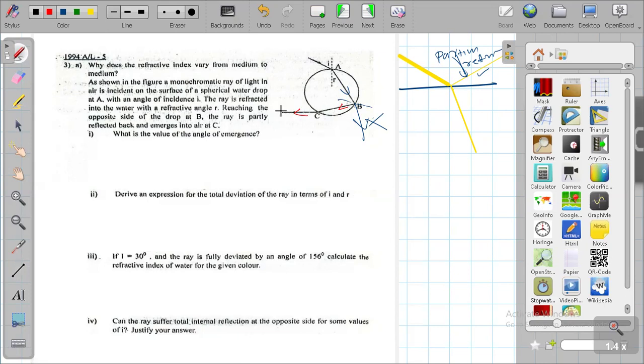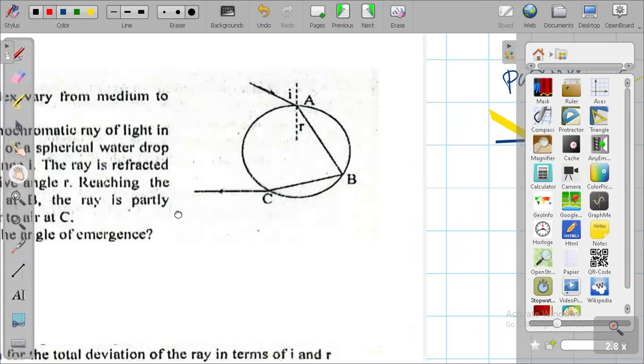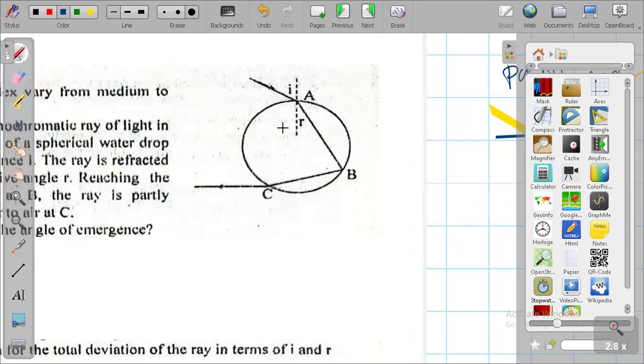On reaching the opposite side at B, the ray is partially reflected, but what is the value of the angle of emergence? Let me just enlarge this. This is the radius. If I extend it, it will reach the center.